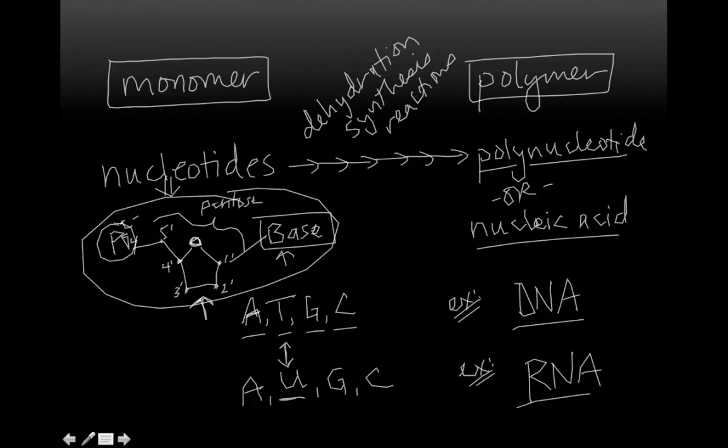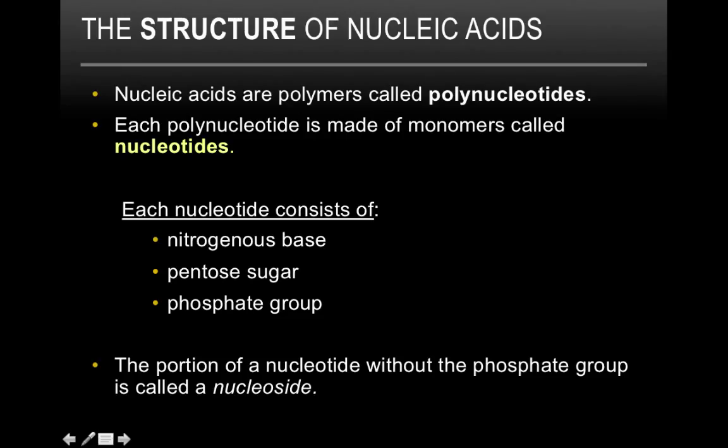Let's go back to the previous slide. Continuing our discussion of the monomers. In the case of nucleic acids, our monomers are called nucleotides. And I already went through this basic structure with you. Every nucleotide has a nitrogenous base. This just means it contains nitrogen.